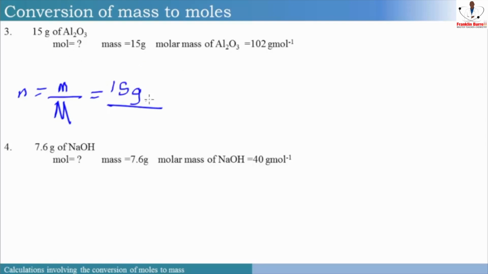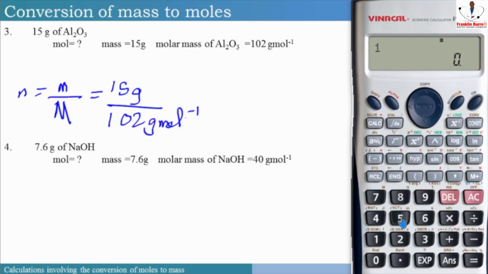And that is divided by the molar mass of aluminum oxide, which is 102 grams per mole: 27 times 2 for aluminum and 3 times 16, and you add those values to get 102 grams per mole. So 15 divided by 102. Your answer here now is 0.147. Remember, we want our answers to 2 decimal places.